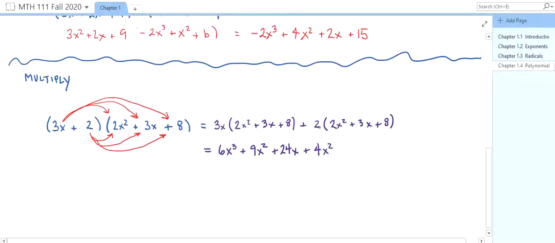This is only multiplying the coefficients, plus 6x plus 8. We usually don't leave it like this. We usually group like terms. The x squared terms are like, and the x terms are like.